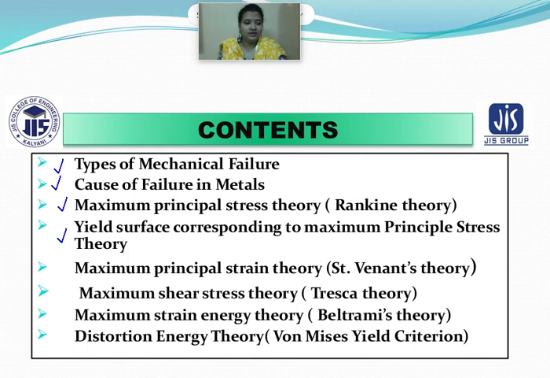In the upcoming lecture we will be discussing the maximum principal strain theory, the maximum shear stress theory, the maximum strain energy theory and the distortion energy theory. So, these are the 5 theories that will be discussed in my upcoming lectures on theories of failure. Without further delay, let us move to the next slide.